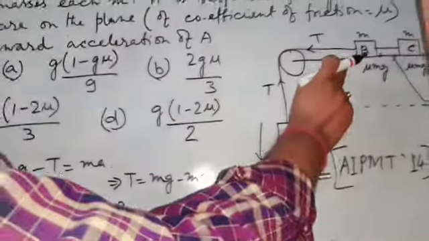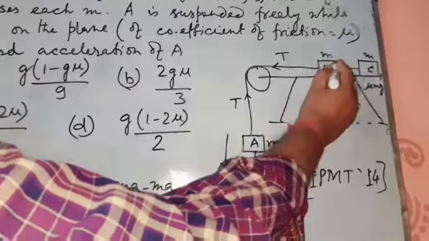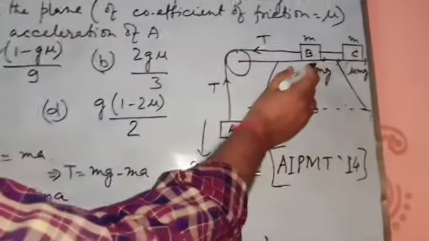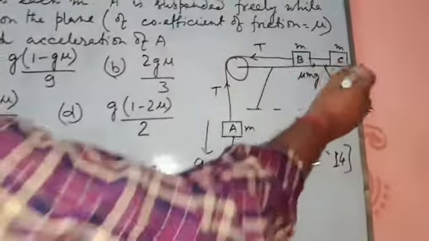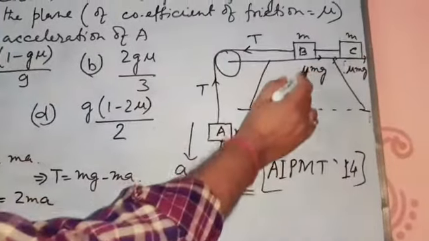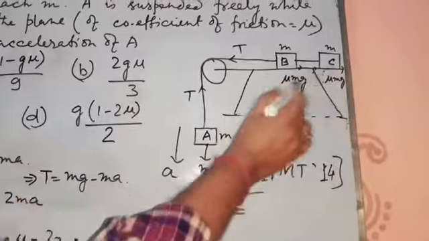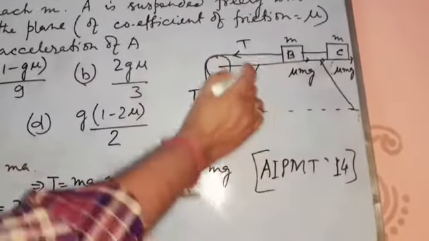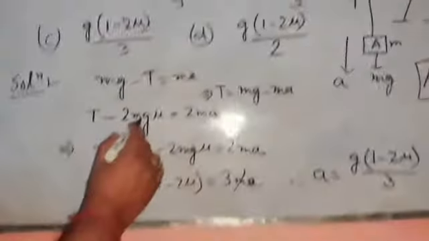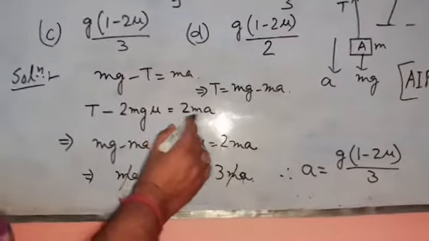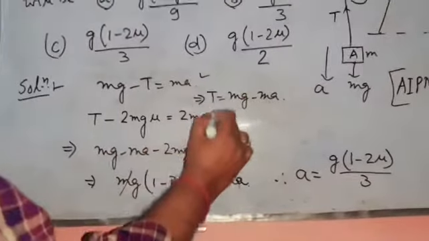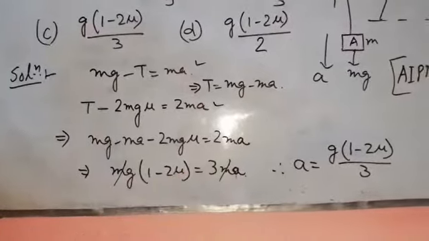That is one equation. And here, as the object is moving this side, there will be friction here and here also. So the total friction, here it is mu mg, here also, total friction 2 mu mg. So the equation is T minus 2 mu mg equals 2 ma. From these two equations if we solve, we will get a.